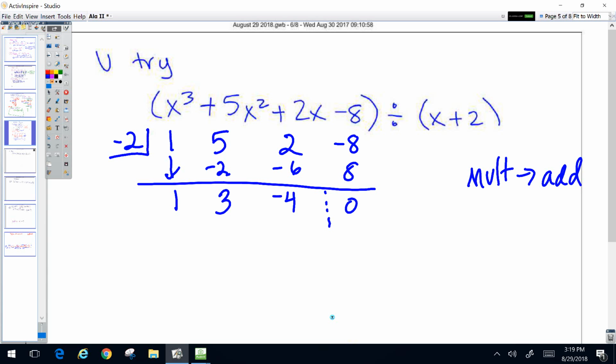Our remainder is 0, which tells us that this divisor is a factor of the dividend. So if we factored this completely, that would be one of our factors. Another factor is what we get when I plug in the x's.